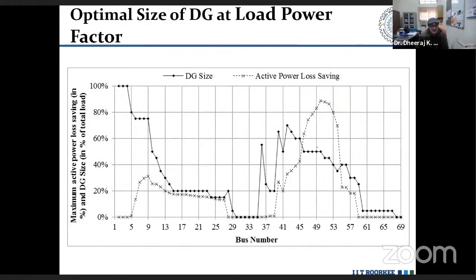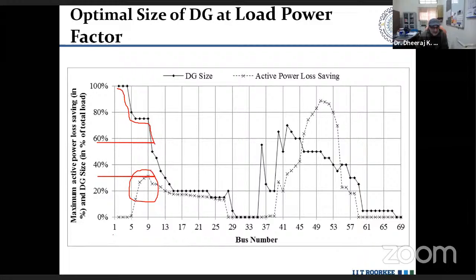After that, we used it to decide the optimal size of DG operated at load power factor. This is the optimal size at different buses. The optimal size also varies with respect to bus number, and this is the corresponding active power loss saving.